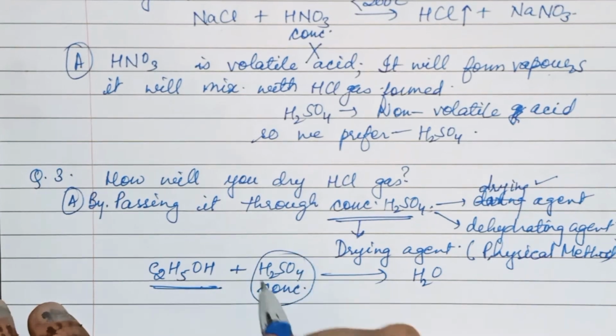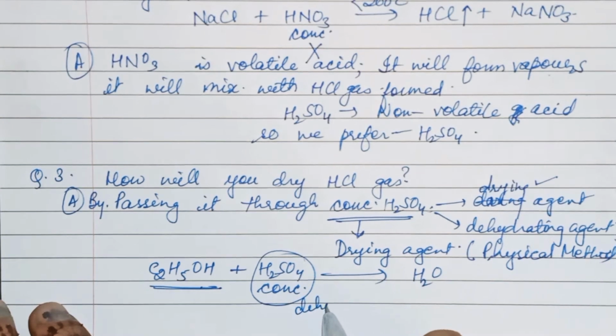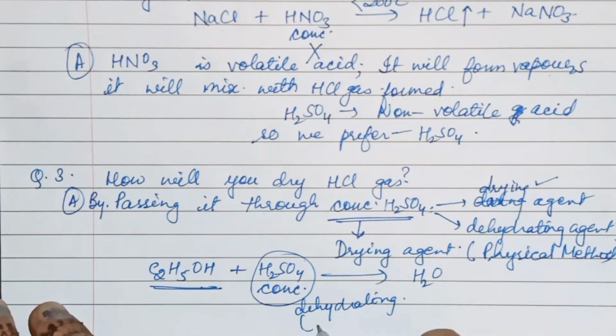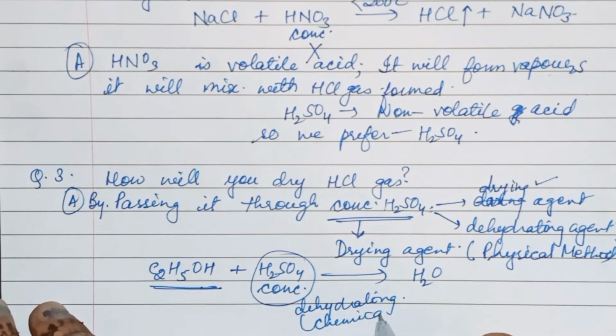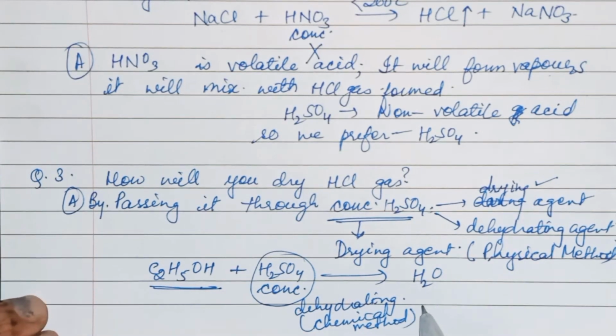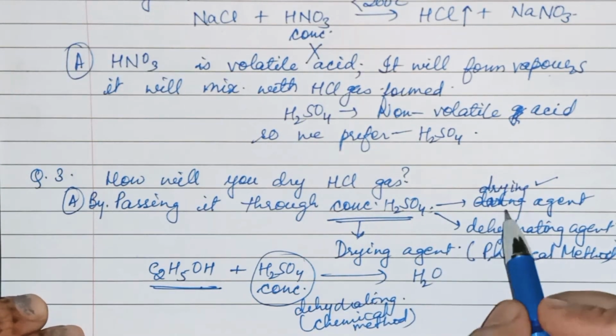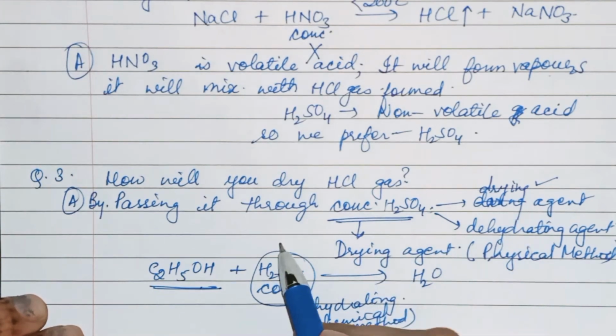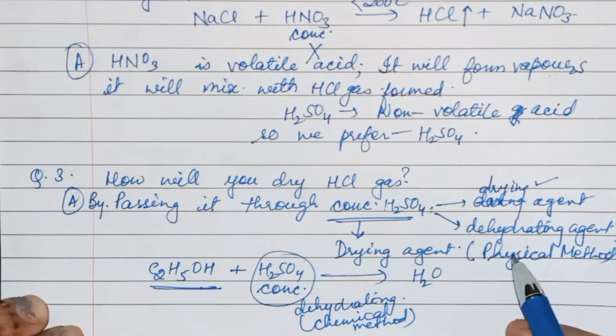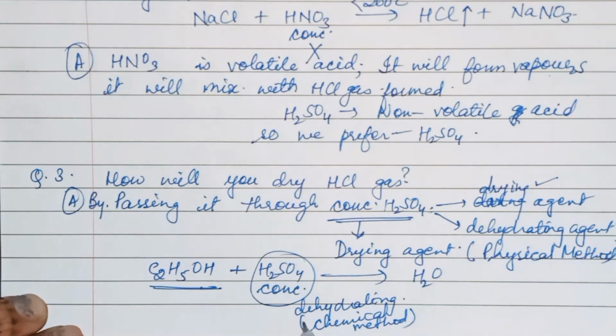So here, this concentrated H2SO4 is acting like a dehydrating agent, and it is removing water by chemical method, or chemical change you can write. So these are the differences between drying and dehydrating agent. A drying agent simply removes water by any physical method, and a dehydrating agent will remove water after the chemical reaction. You will get water on the product side.